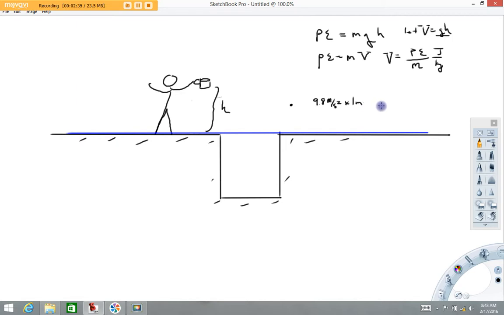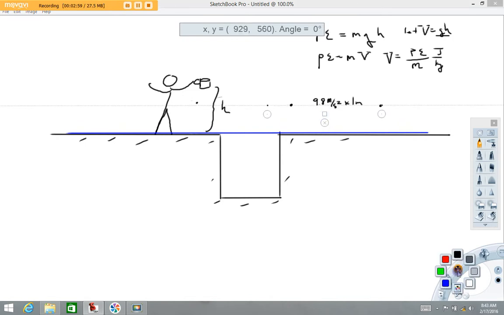If I come over here, as long as I'm 1 meter off the ground, I'm going to get the same value, 9.8 joules per kilogram. If I'm over here, 1 meter off the ground, again, I get the same value. In fact, anywhere on this horizontal line, which I'll color code green, I would be at a potential of about 9.8 joules per kilogram.